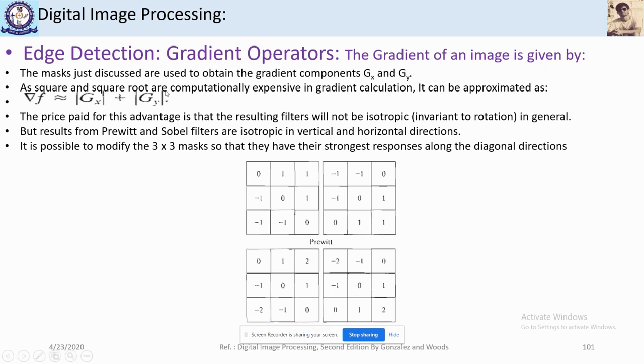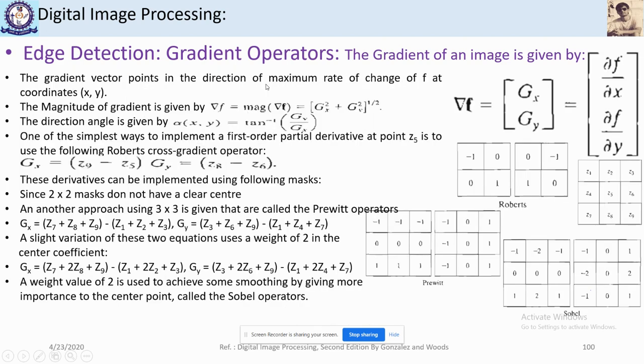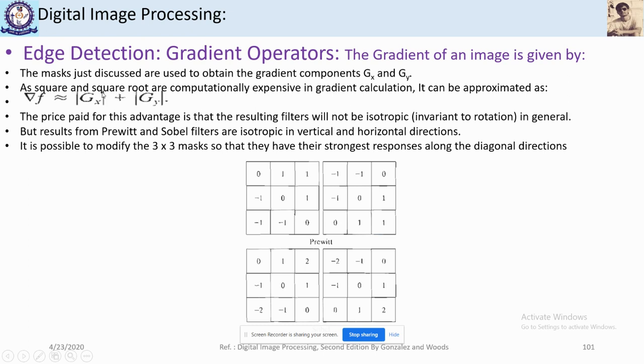So an alternative approach is given in which this gradient magnitude calculation is approximated by using this relation. So magnitude of del f is approximately equal to absolute value of gx plus absolute value of gy. Now, what is the disadvantage of using this?